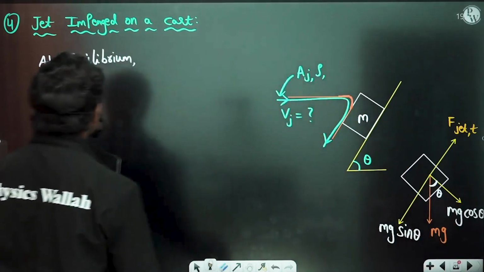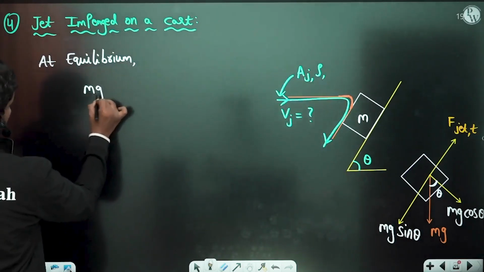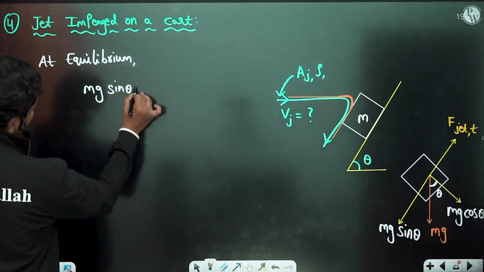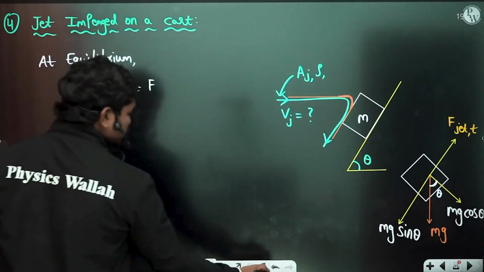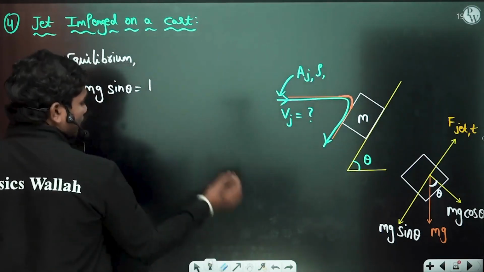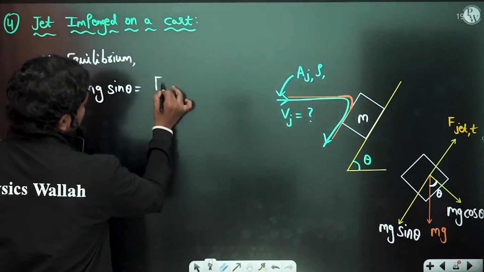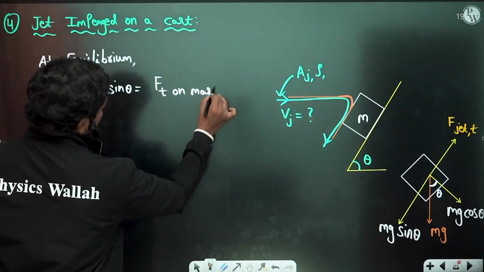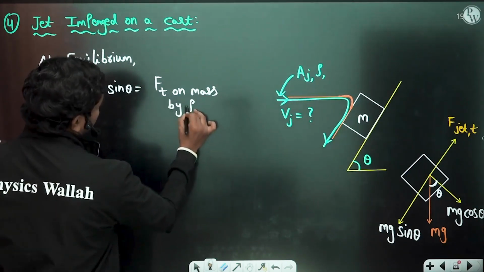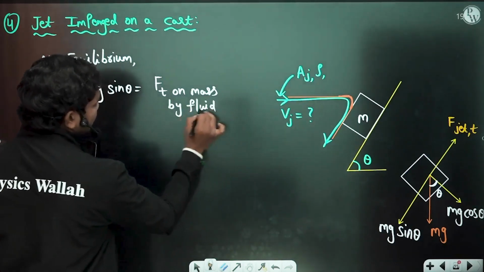So at equilibrium, mg sin theta is equal to sigma F, and only one force is there, so let us write directly Ft on mass by fluid, correct? Force acting in the tangential direction.